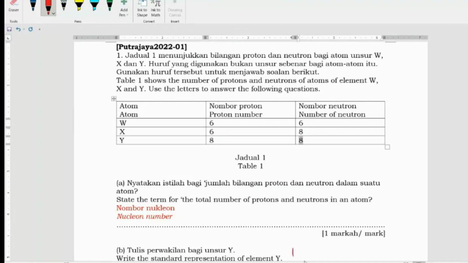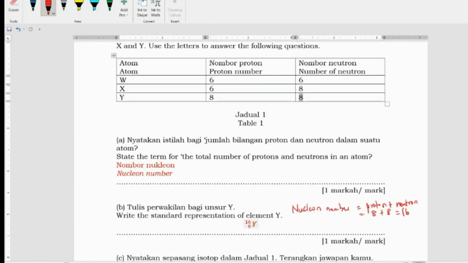Yes, very good. Nuclear number is protons plus neutrons, right? So 8 plus 8 is 16. So your Y nuclear number is 16, protons is 8. So you will get 16, 8.